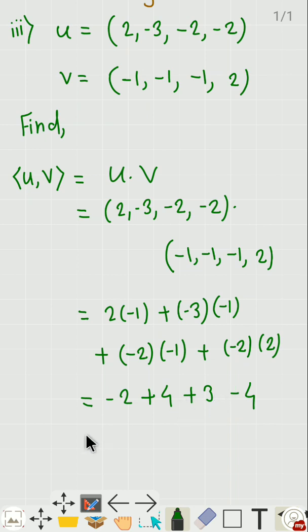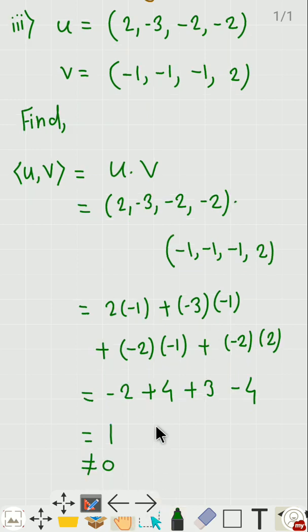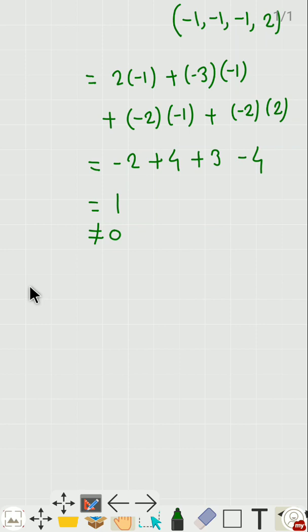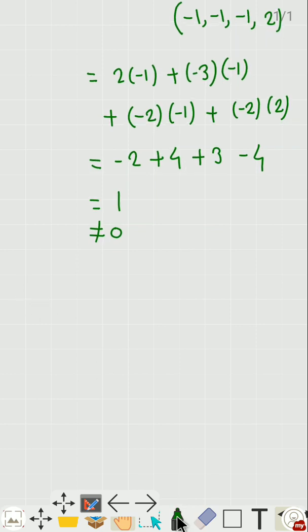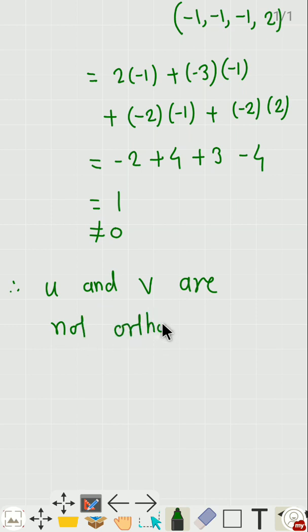So here again we have the dot product equal to 1, and it is not equal to 0, and here also the vectors u and v are not orthogonal.